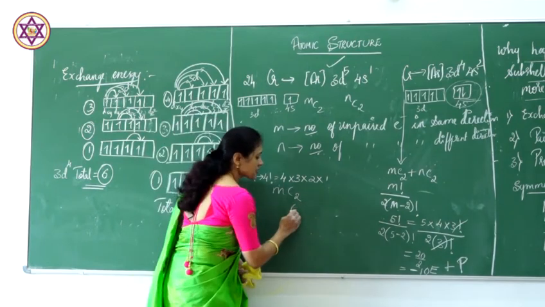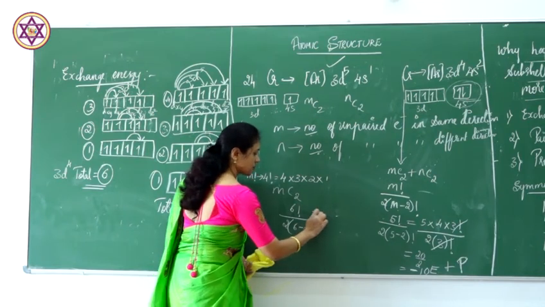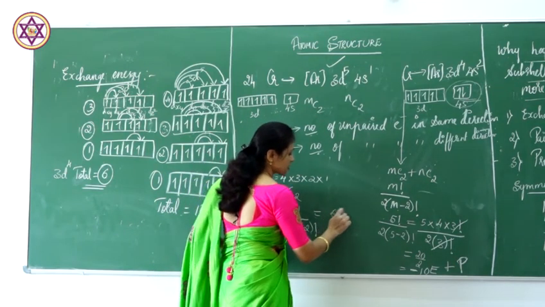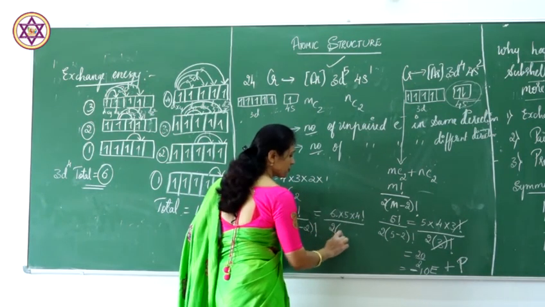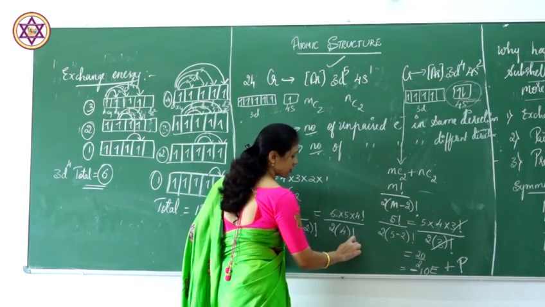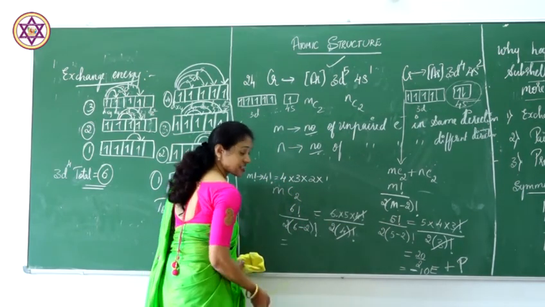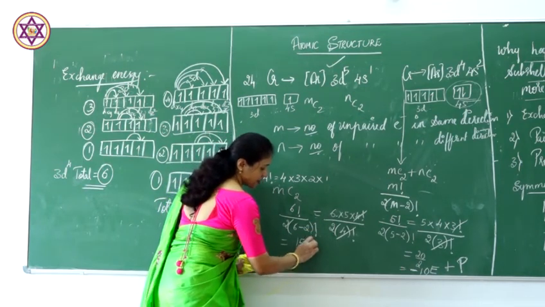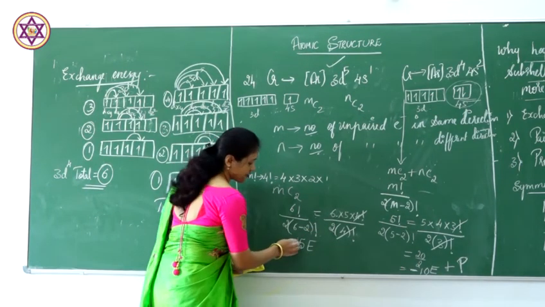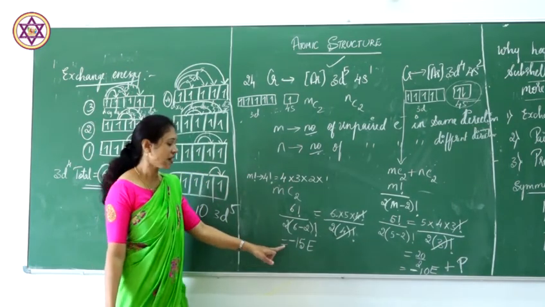That is 6 factorial by 2 into 6 minus 2 factorial. 6 minus 2 is 4, that is 6 into 5 into 4 factorial by 2 into 4 factorial. 4 factorial cancels, 6 fives are 30, 30 divided by 2 is 15. Energy is also released here, and release means it is exothermic, so I will take the negative symbol, minus 15E.